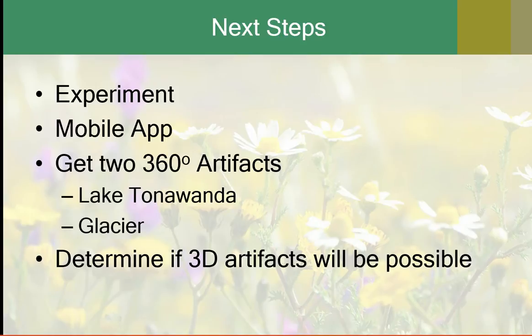So those are my next steps: the experiment, the mobile app, getting the 2 360-degree artifacts, which I'm very close to getting, and working out the 3-dimensional artifacts. So that I should have a better idea at the end of the month where we stand with that when I present at the members meeting.